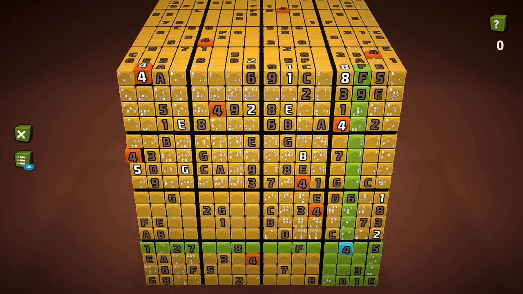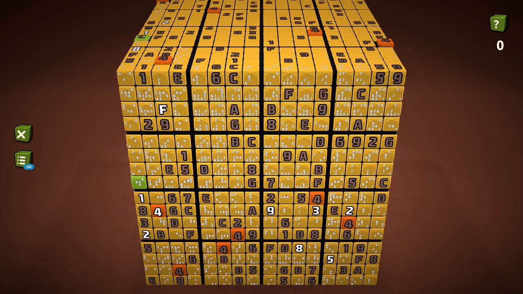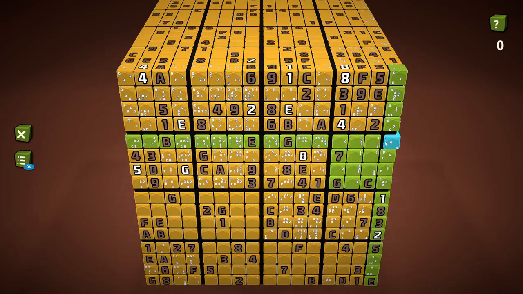Not the bottom. Not that row. Oh, right. Already did the edge.